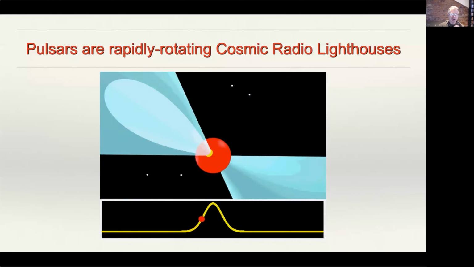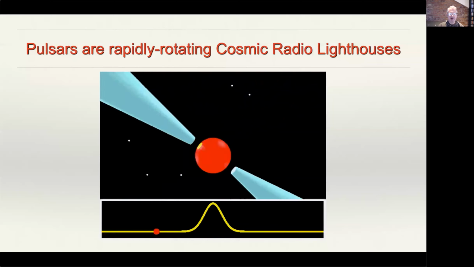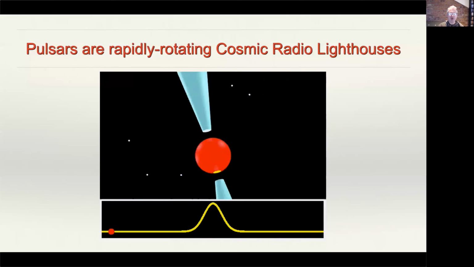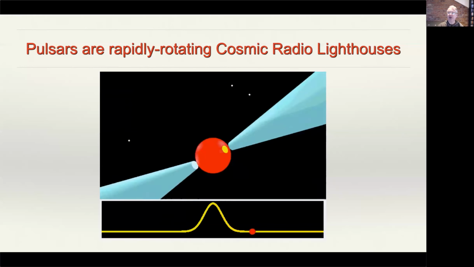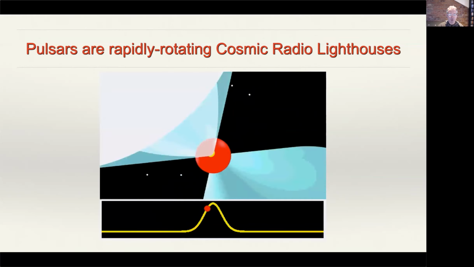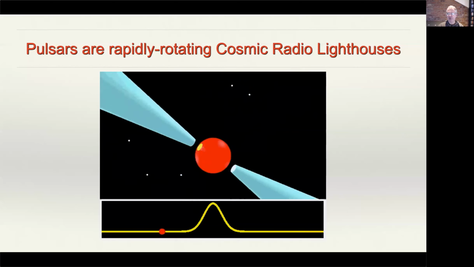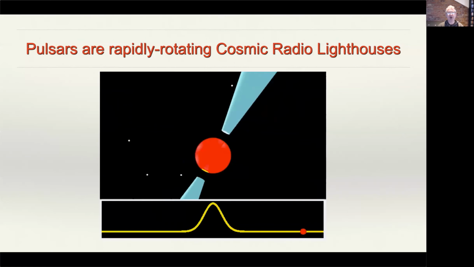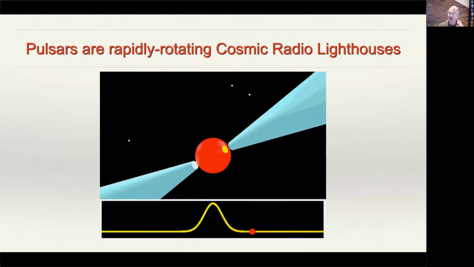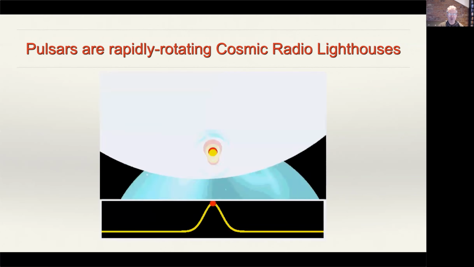So here, just in cartoon form, we can see our little spinning neutron star, and it's got two beams of radiation coming from the magnetic poles. And as that object rotates, and if its beam crosses our line of sight, then we'll detect a pulse of radiation.